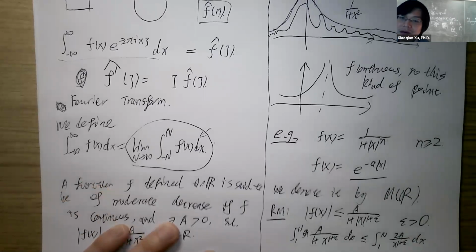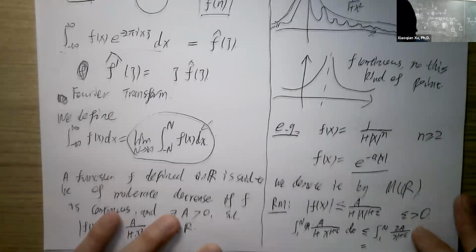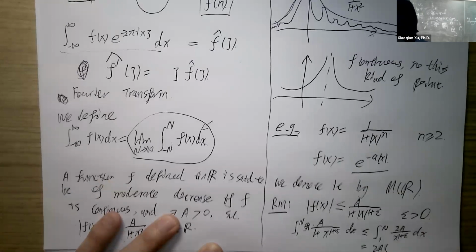So this, you know how to find the antiderivative, is actually 2a times 1 over epsilon times 1 minus n to the power minus epsilon.